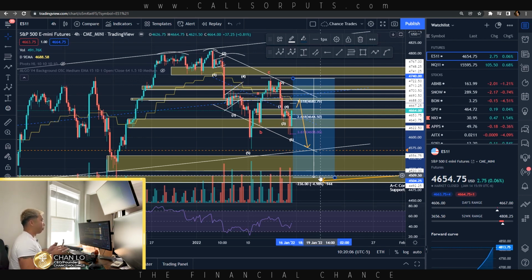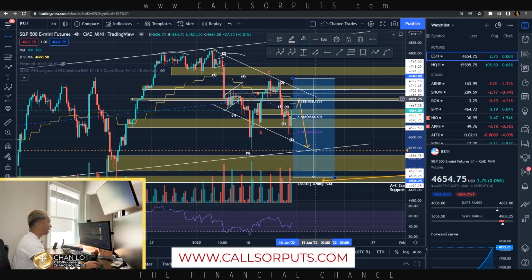This is an area where we will see, hopefully, a lot of buyers step in, and then you'll see a quick uprise in price. I do think we get a bounce here, then we get a move down here.